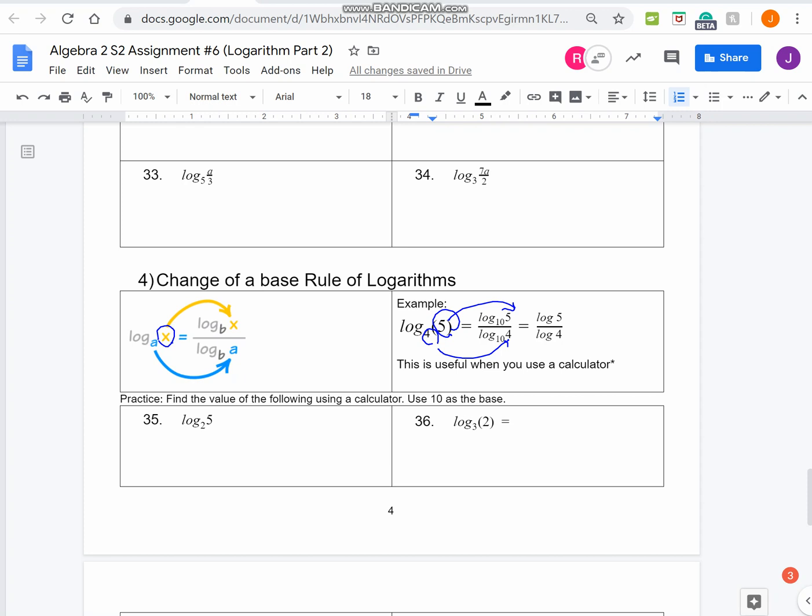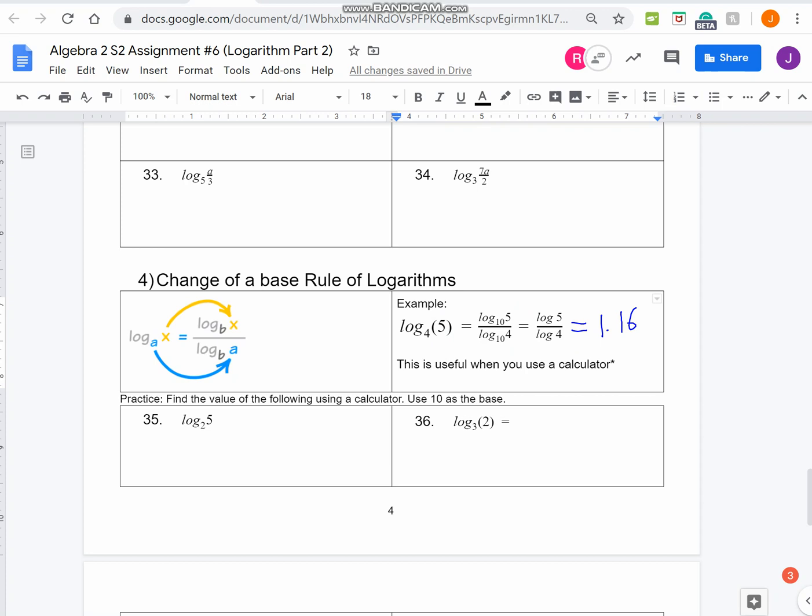We're going to assume that the base is 10 so that we can easily use the calculator. So when you put this in a calculator, all you have to do is hit log and then 5 and then divide by log 4. So let's try with the calculator to figure out what that estimated value is.